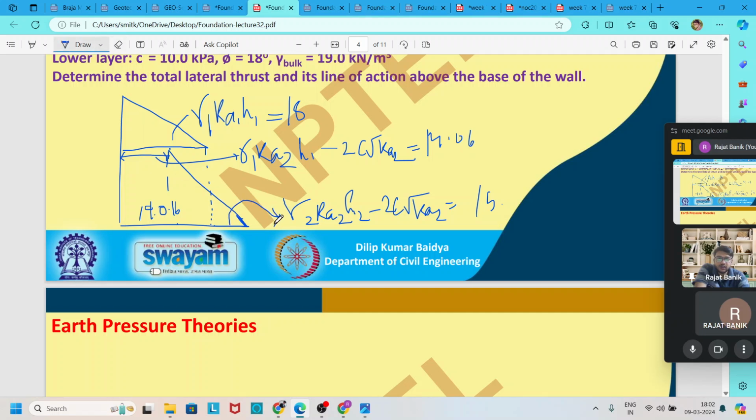The distance is 15.65, and this gap is 2C root K2, which is equal to 14.53.